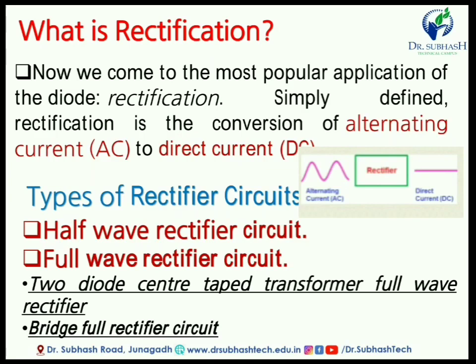Further, the full wave rectifier is divided into two types according to the use of diodes. The first is the two diode center tap transformer full wave rectifier. In this circuit a center tap transformer is used and we use two diodes for the rectification process. The second is the bridge full wave rectifier.